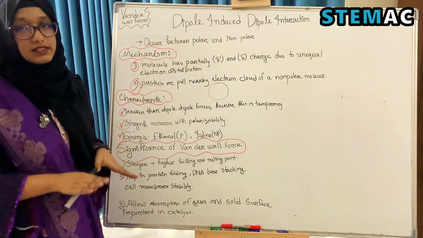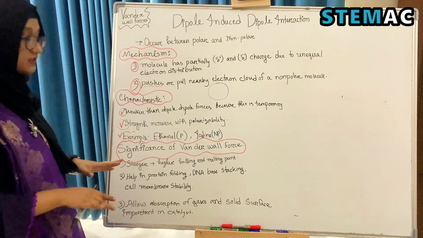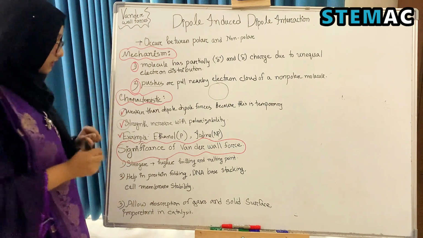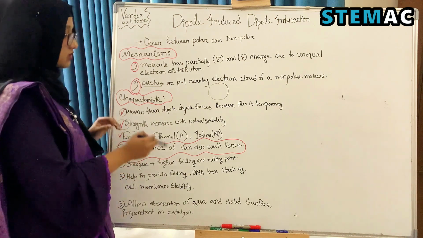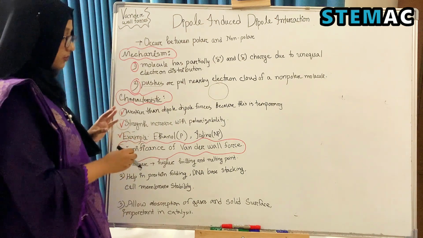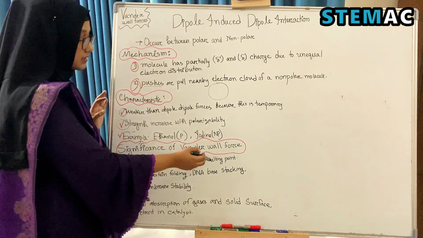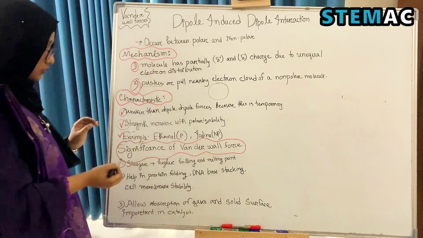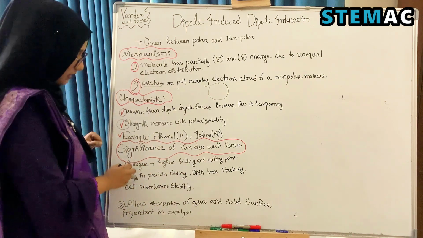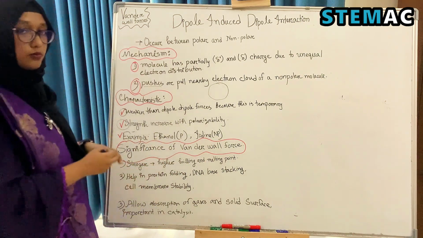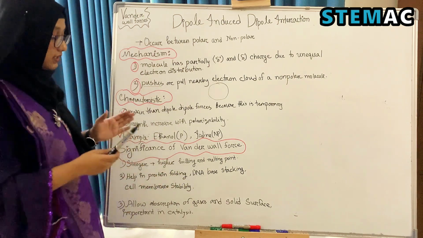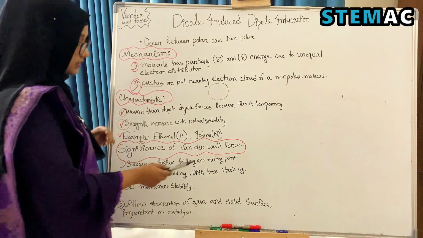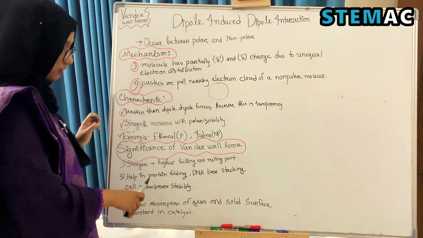So what is the significance of van der Waals forces? The overall point here is that the stronger the van der Waals forces are, the higher the boiling point and melting point. Secondly, they help in protein folding. We have proteins in our body, then DNA base stacking, which we know all about, and cell membrane stability.